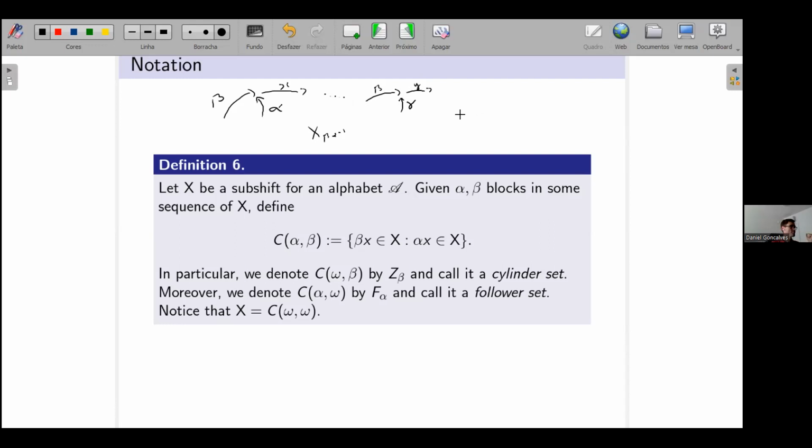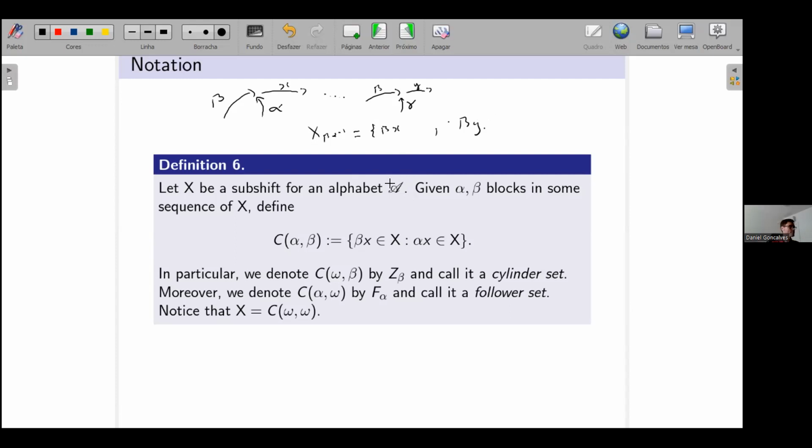Then, if I define x beta alpha minus 1, I cannot define it as all paths that start with beta, because this has beta x, okay, but when I look at beta y, this would be a problem. I cannot just erase beta and put alpha in front of y. I can only put gamma in front of y, right? So we have to keep track of this in the subshift algebra.